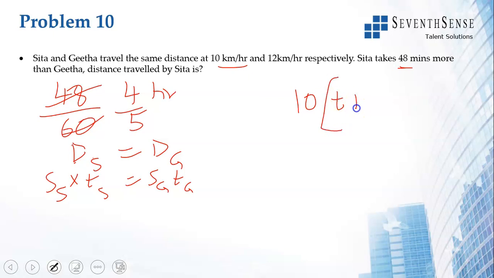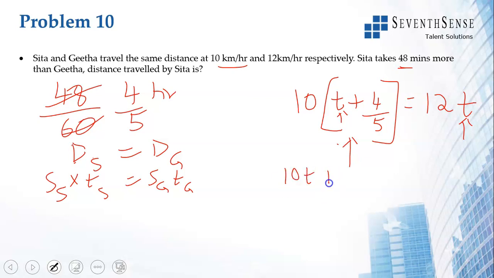The speed of Geeta is 12, and the time taken by Geeta is t. So the time taken by Sita is t plus 48 minutes. If you simplify, 10t plus 8 is equal to 12t. t is equal to 4.